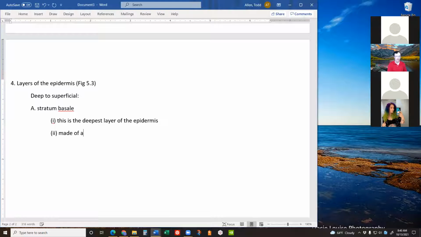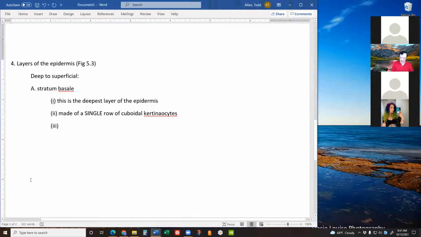The stratum basale is made of a single row of cuboidal keratinocytes. What's important that you appreciate is that the stratum basale is the layer of the epidermis where you find your stem cells.